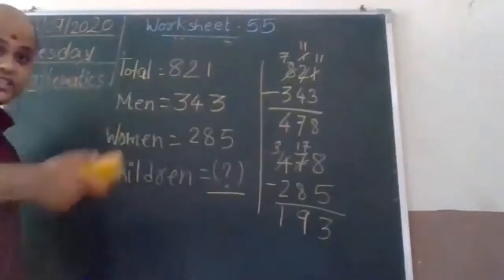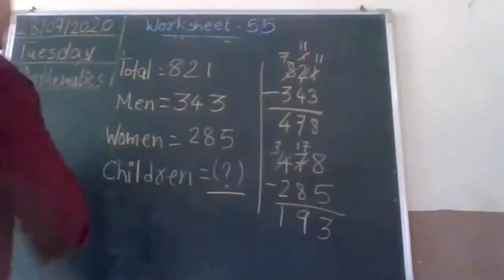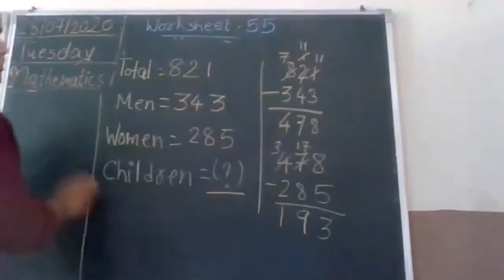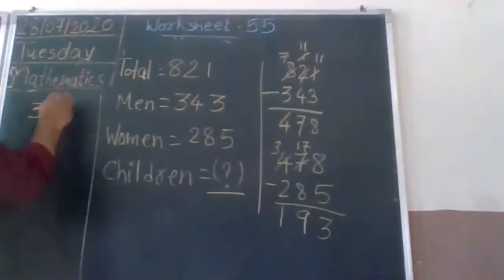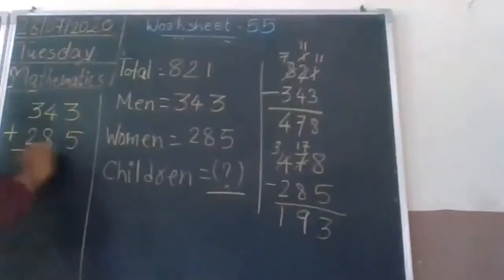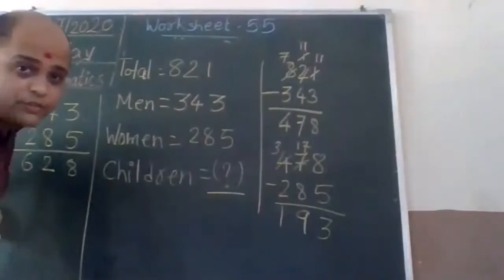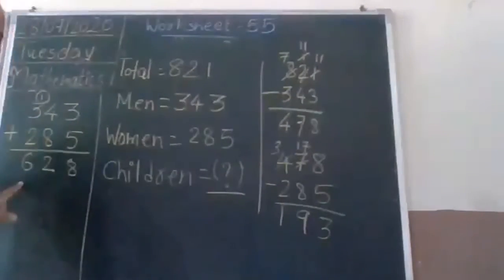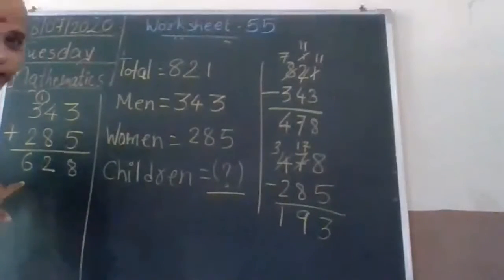Or another way of doing this is you add these two, 343 plus 285. So total number of men and women in this town is 628.